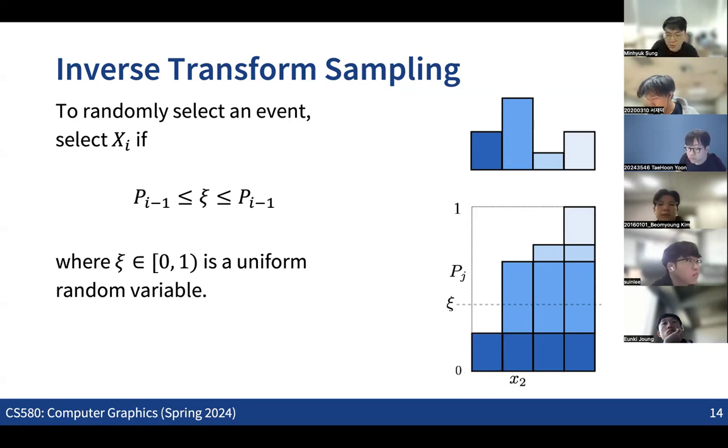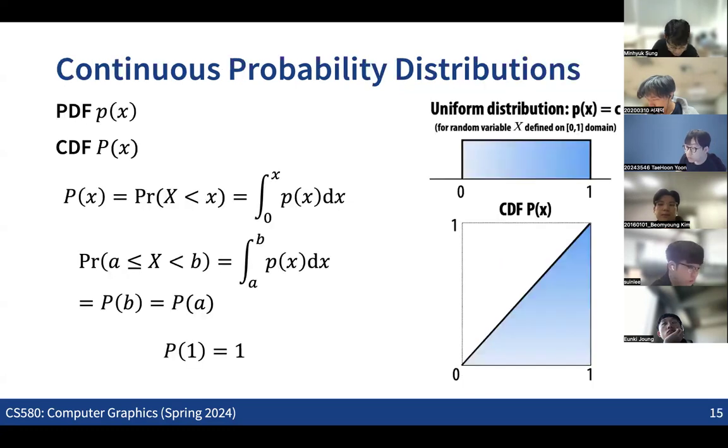And we can apply the same idea not only for the discrete probability distribution, but also for the continuous probability distribution. When you have the PDF, we can also calculate the cumulative probability density function by taking the integral like this.